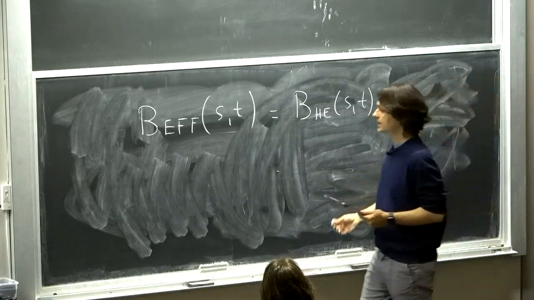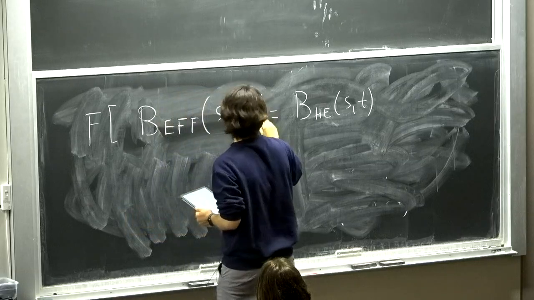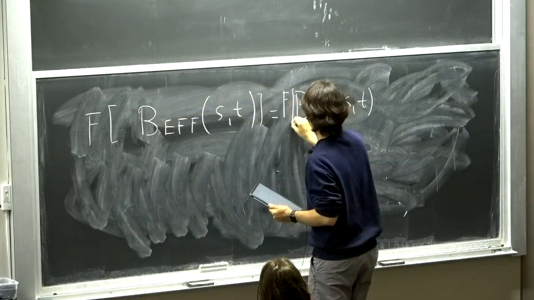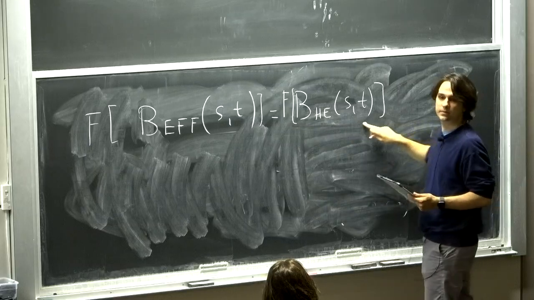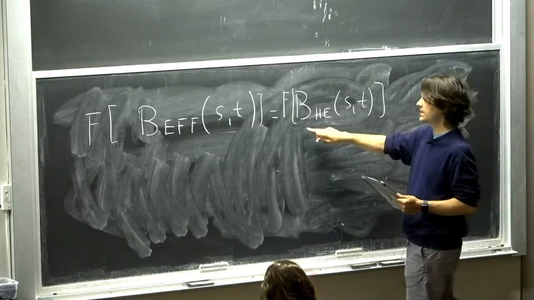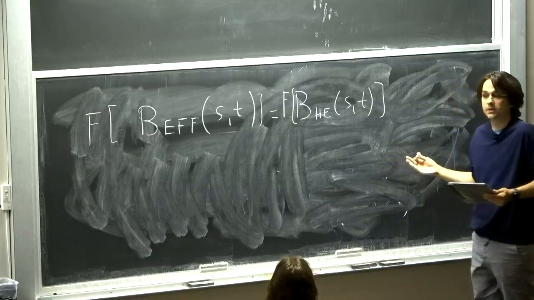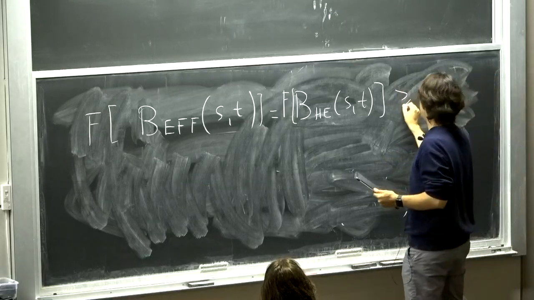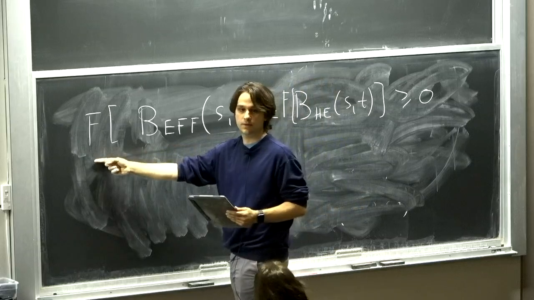So if I can find any function that, when I apply it to both sides, gives me something positive, for instance if when acting on the Legendre polynomials it's always positive, then I will have an inequality, and I can read it off as an inequality for my Wilson coefficients.